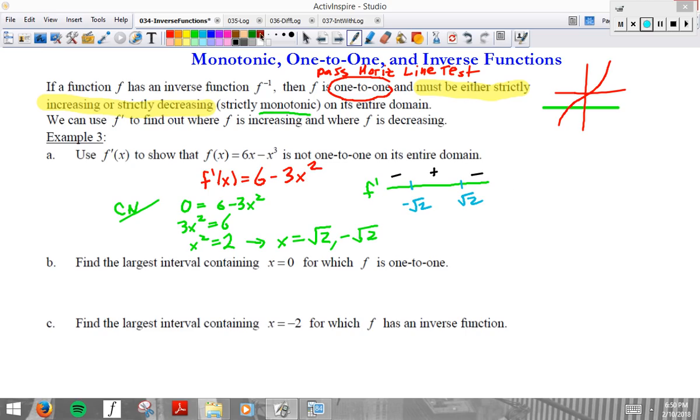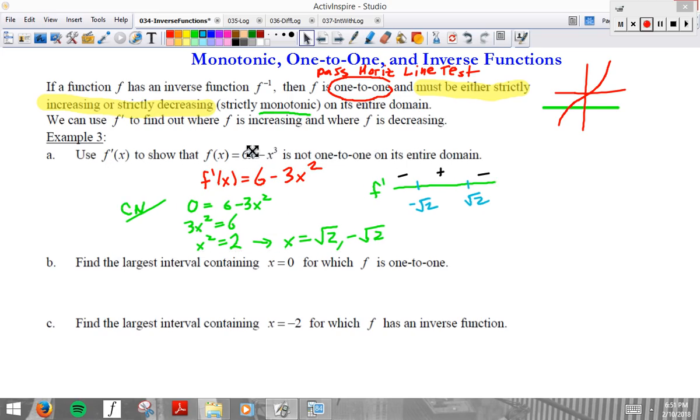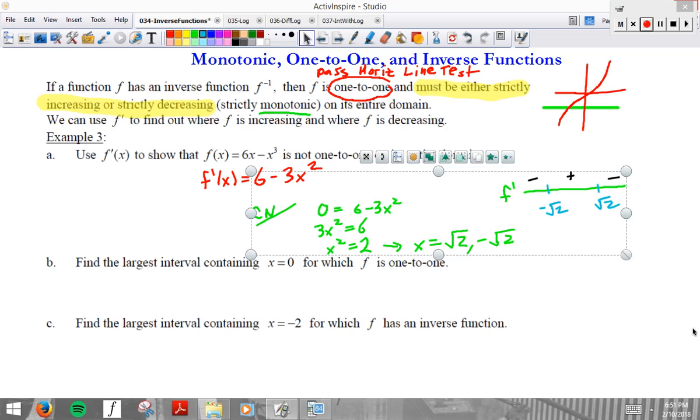So why does this show me that f is not one-to-one? I'll move it over here. I'm going to draw some guidelines. So if that's what f prime looks like, if f prime is negative, it means f was decreasing until we got to negative root 2.